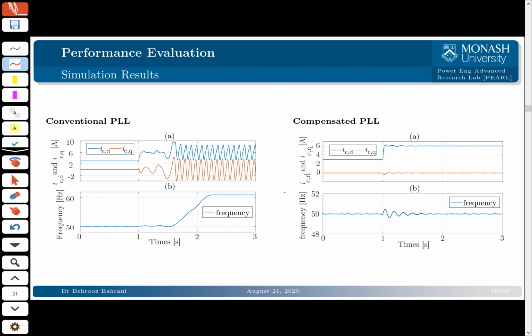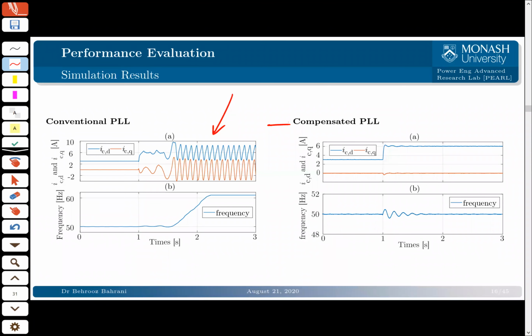We did that in simulation. With our conventional PLL, we had a jump in our current, and the system was not able to maintain its stability. The PLL would go unstable, and of course your ID and IQ would be unstable, meaning there will be a lot of oscillation in your real and reactive power.